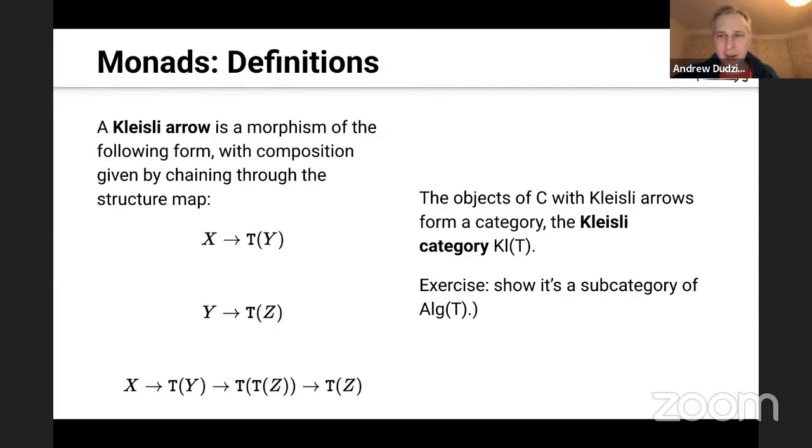And this Kleisli category, the objects are the objects of C. That's the critical point about the Kleisli category. Same objects, different arrows. So you can think of the monad as a different structure on the category itself, like a different notion of enhanced arrow on the category itself.